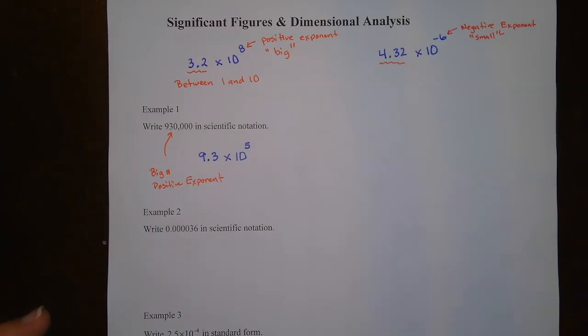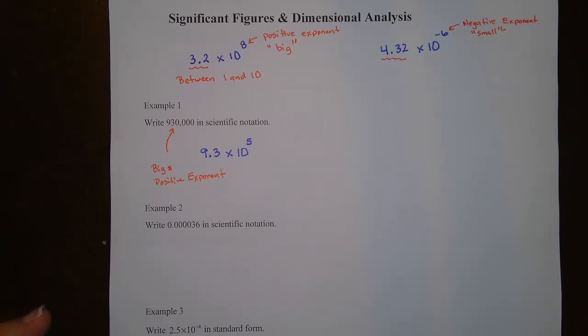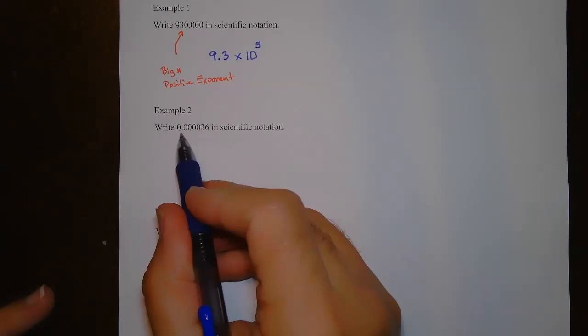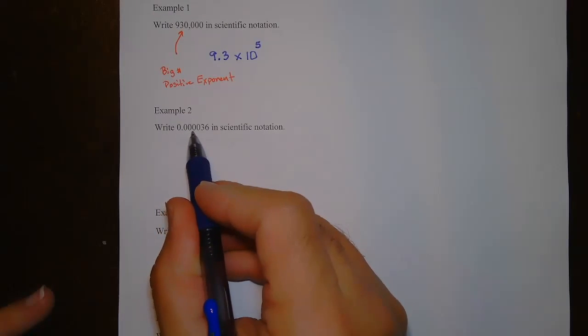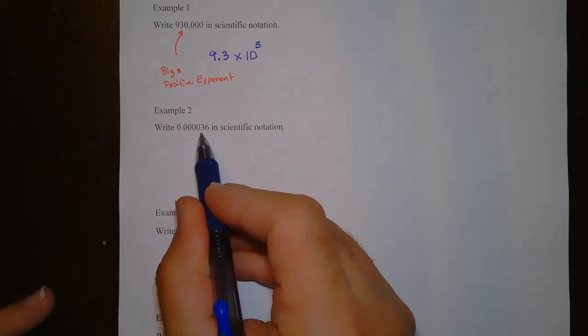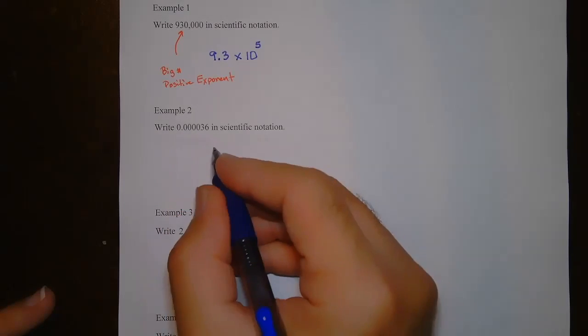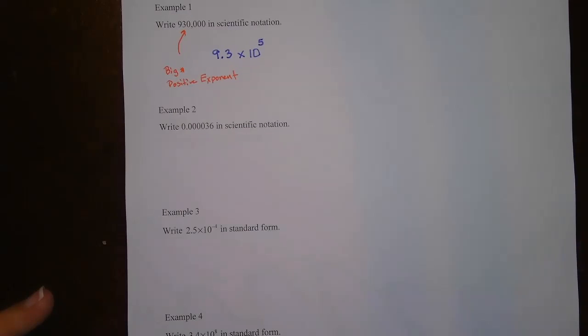All right, let's go to the next one. I'm just going to slide it up. Okay, the 0.000036. So this is a small number, really, really small, okay? So that means I'm going to have a negative exponent.